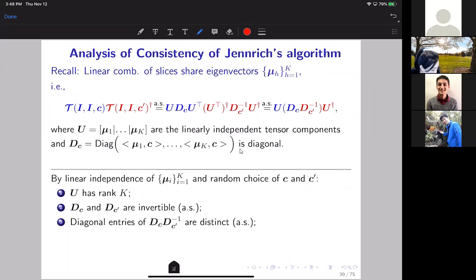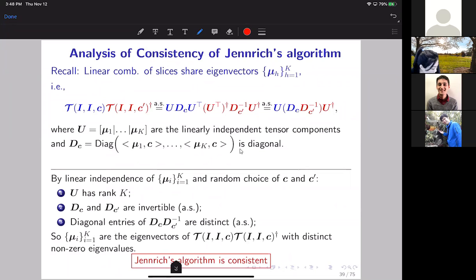And the diagonal entries of DC and DC prime inverse are distinct. Remember, this is to ensure you have an eigen gap, right? So the mu i from 1 to k are eigenvectors of this matrix with distinct non-zero eigenvalues. And therefore, you can say the Jennrich algorithm is consistent. Okay, so this is the first algorithm.